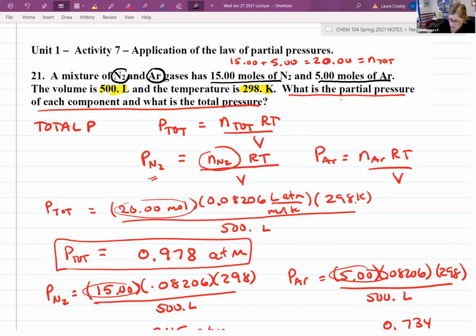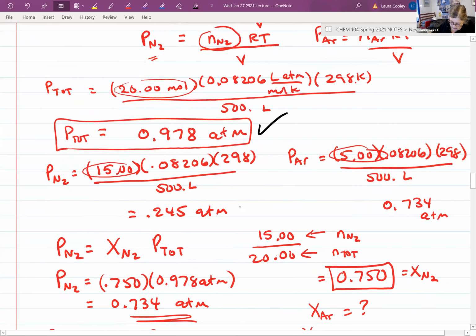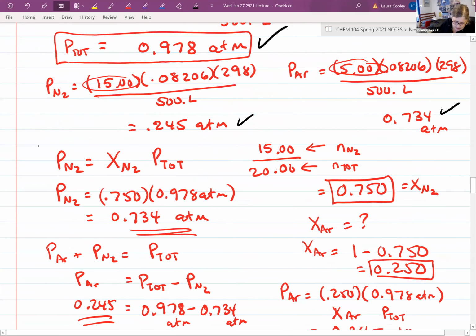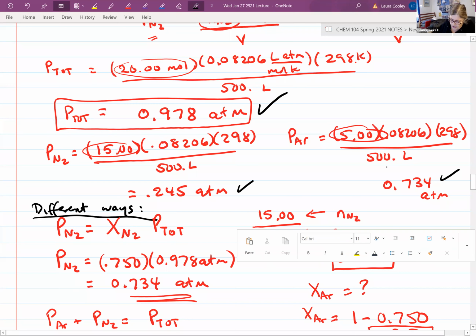Right, well, the question was, what is the partial pressure of each component and what is the total pressure? So we've gotten that. That's one answer. These are other answers. And then I was really just showing you a different way to do it. I could have stopped right here and said, that's the answer. But what I wanted to show you is that you don't have to do this calculation 3 times.